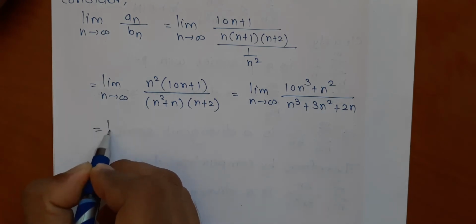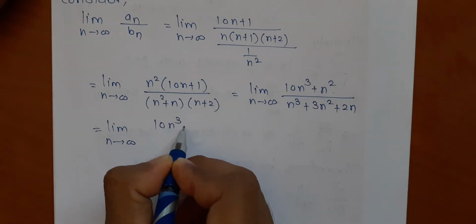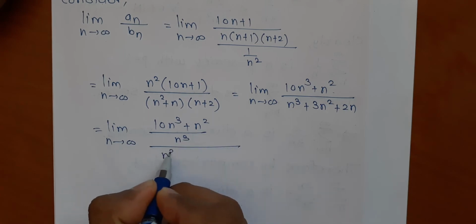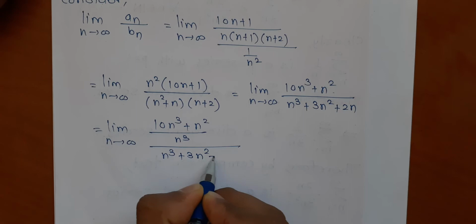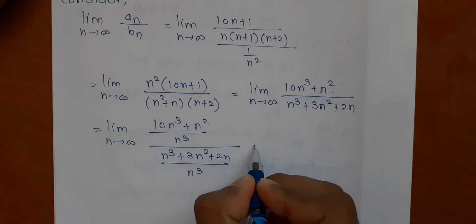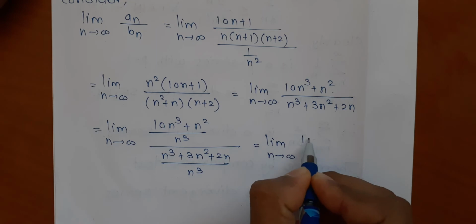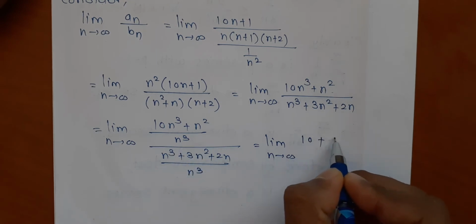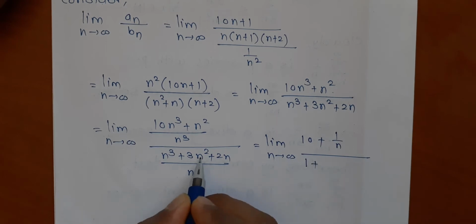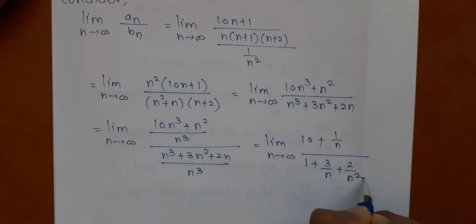If I divide separately, n cube upon n cube gets cancelled: 10 plus 1 by n in the numerator, and 1 plus 3 by n plus 2 by n square in the denominator.